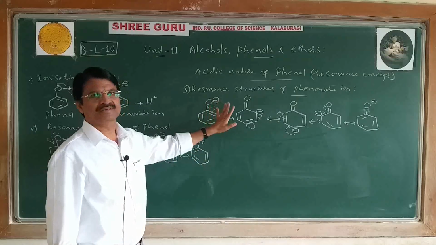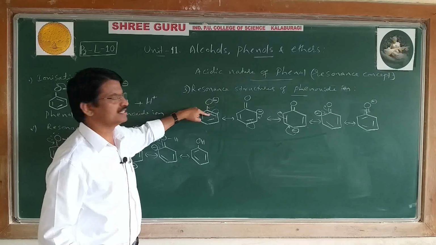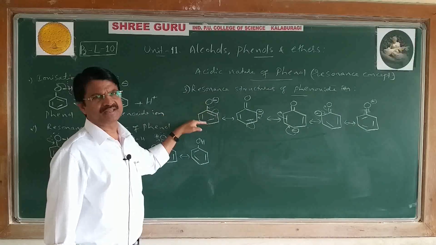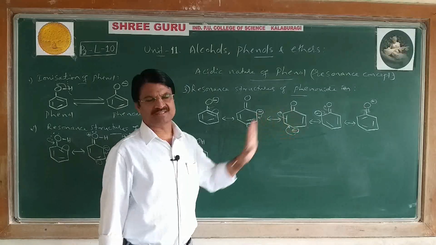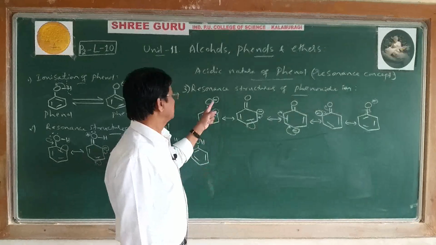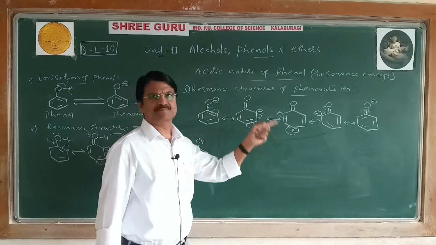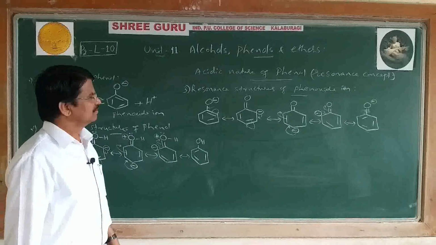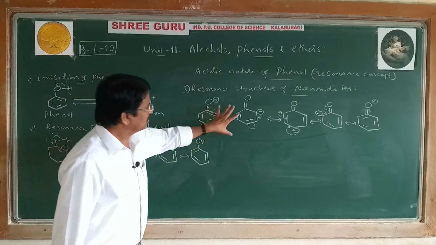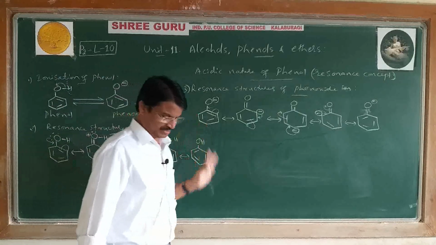Or the negative charge on the oxygen of phenoxide ion is delocalized with pi electrons of the aromatic ring or benzene ring and undergoes resonance. Like this you can write any one line.